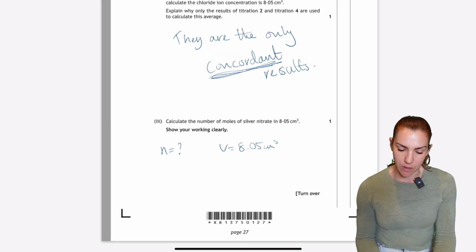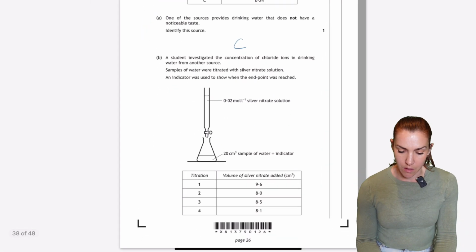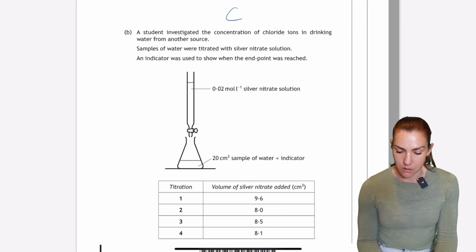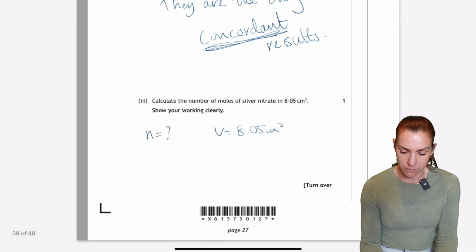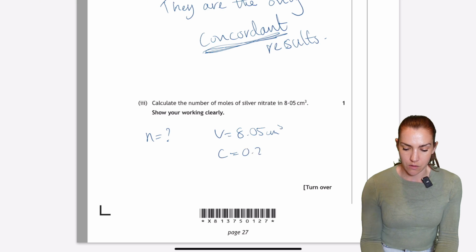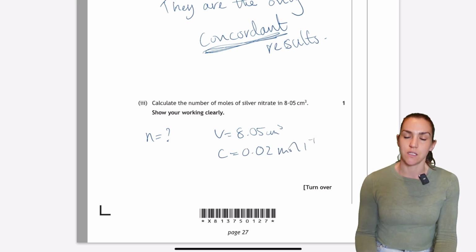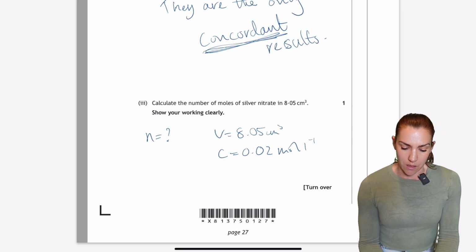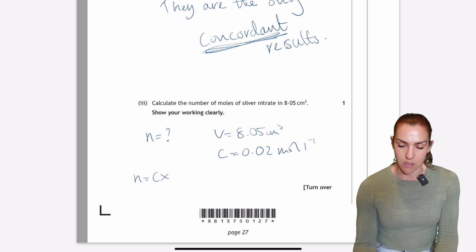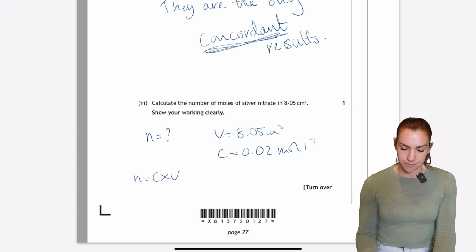If we go and have a look at what the picture tells us, we've got a concentration of silver nitrate, 0.02. So then we should be able to see that we can use n = c × v to work out the number of moles. So we do n equals c times v. That equation is at the front of the data booklet if you do need it.